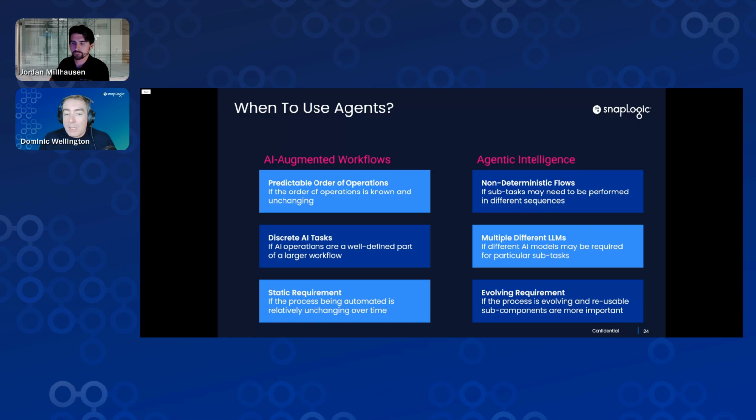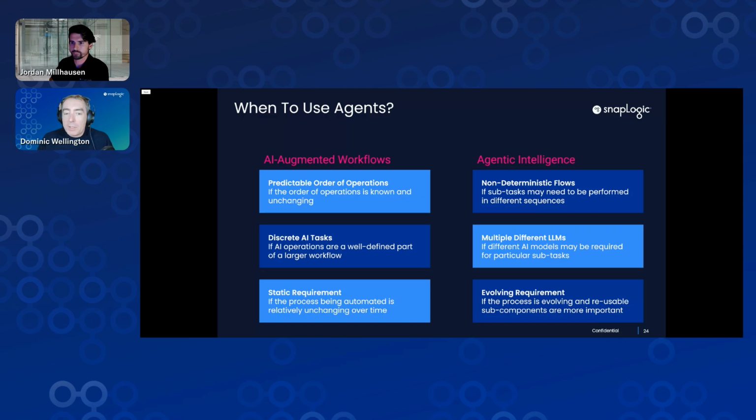If you just have a discrete AI task, maybe you just wanted the PDF parsing, but once you've got the data out of the PDF, you're good to go with it in a more traditional automation mode. That's fine. The LLMs are just tasks. But an agentic flow can be useful if you have multiple different LLMs that you want to combine, different AI models that are suited for different subtasks. Here you want to parse a PDF, there you want to read from an image, all of these different types of things. And the final one is, again, it's about flexibility.